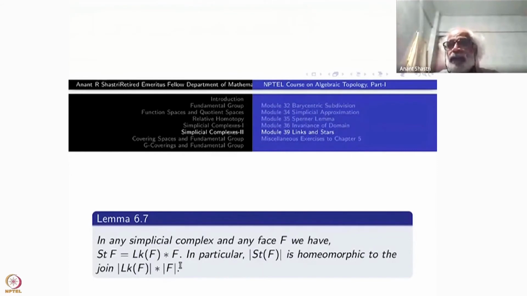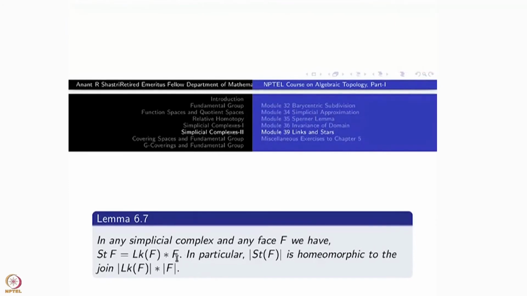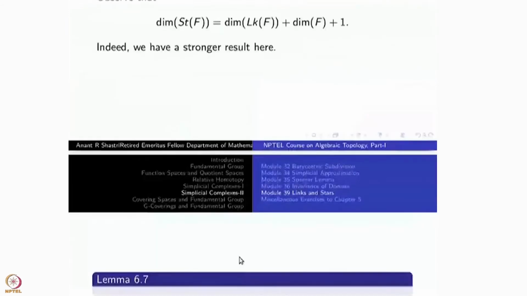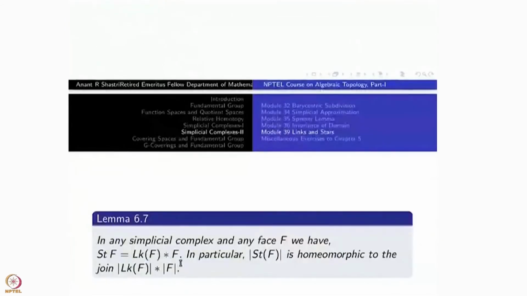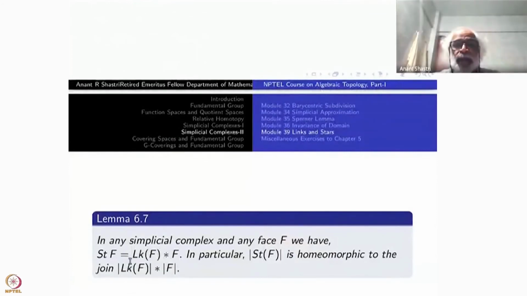It may happen that it is not the full F, it may be some part of it, right? So that's what you have to be careful about. All right. So suppose I take a subset here. By very definition, all subsets of that will have to be also there because this is a simplicial subcomplex.